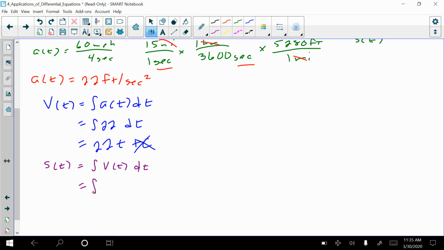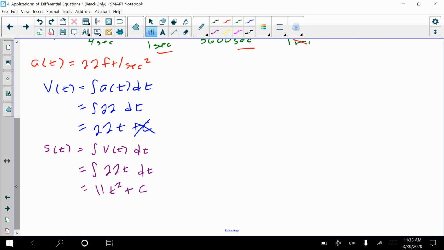So we have the integration of 22t times dt. So my position function, when I do the antiderivative process here, will give me 11t squared plus a constant. Now in this case, the constant, the initial position, is just wherever he is.